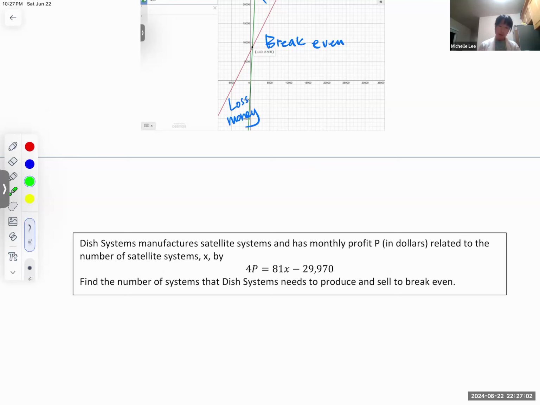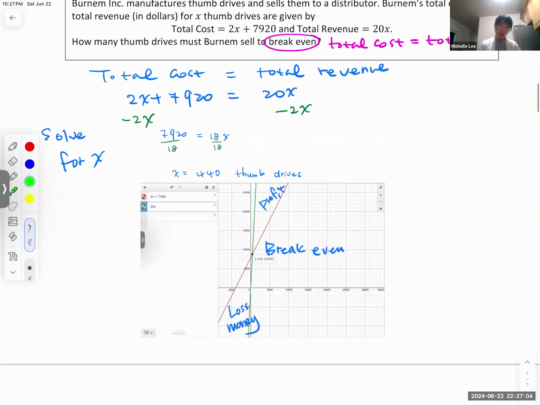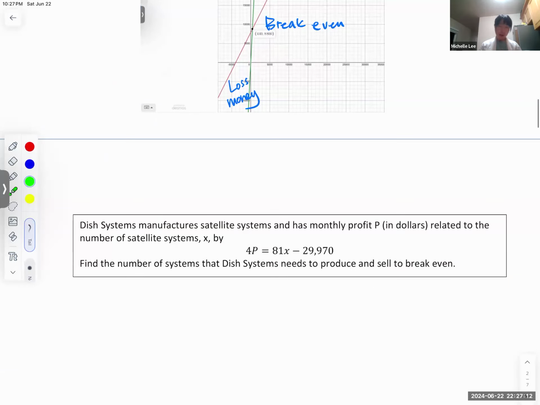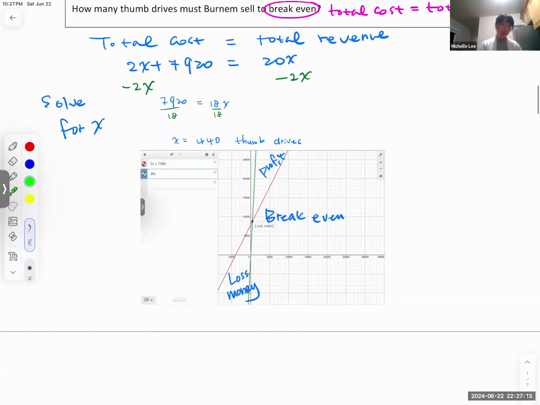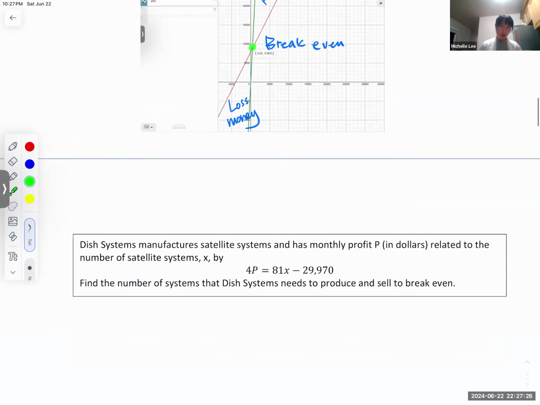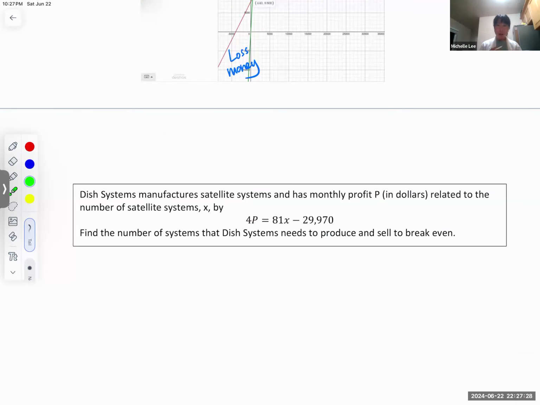So because we said that total cost equal to total revenue, and at that point, no making money, right? So we say that P equal to 0. It makes sense to you? Set P equal to 0.